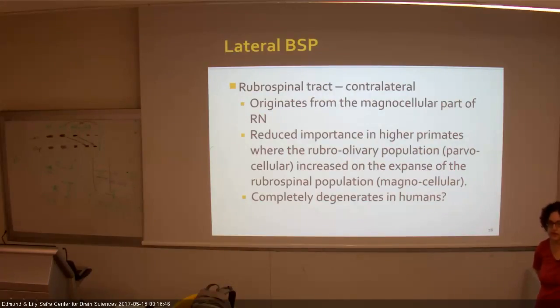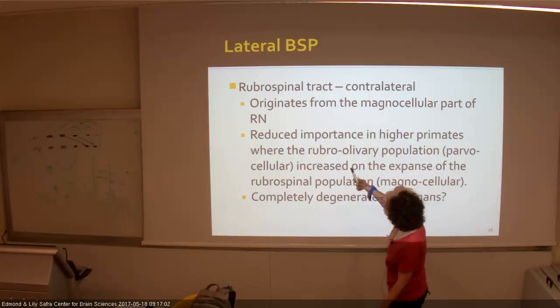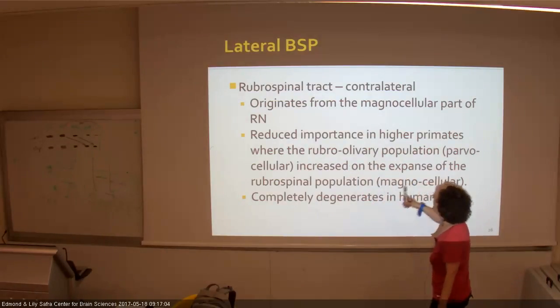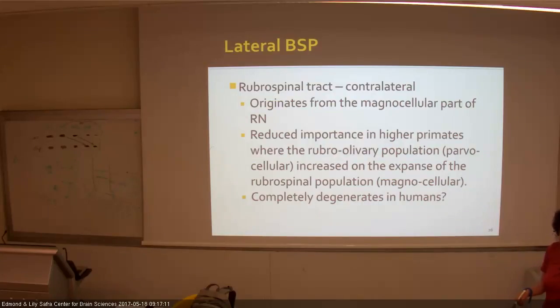There is an expansion of motor cortical control of voluntary movements at the expense of the rubrospinal tract in lower level animals. So there are two parts in the red nucleus. There is the magnocellular part that integrates information from the cerebellum and the motor cortex, and transmits it downstream.